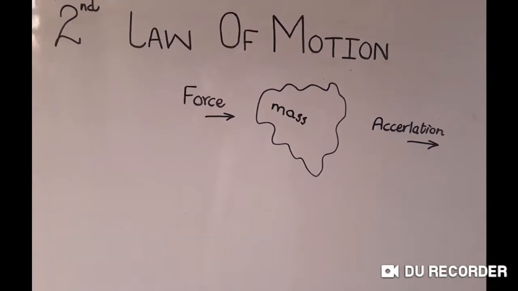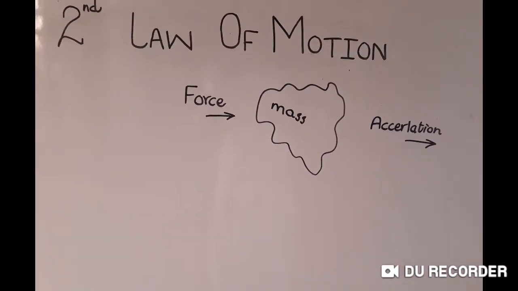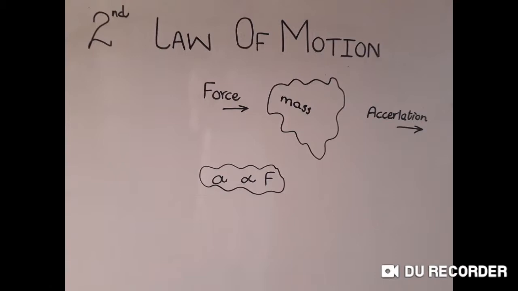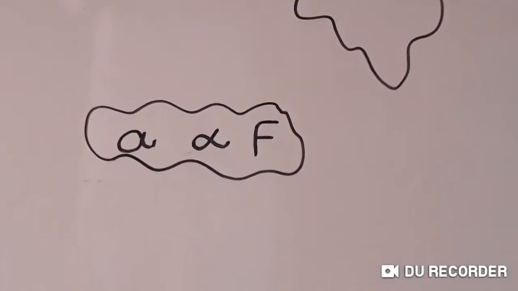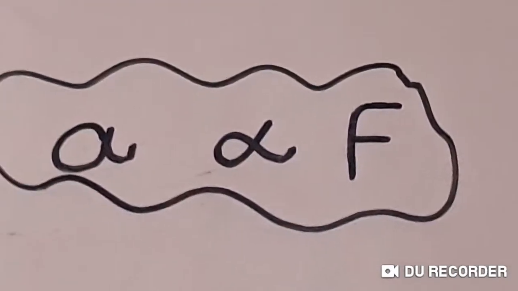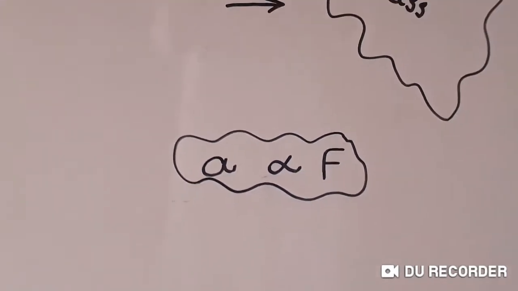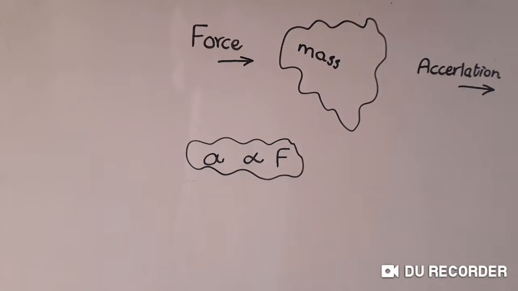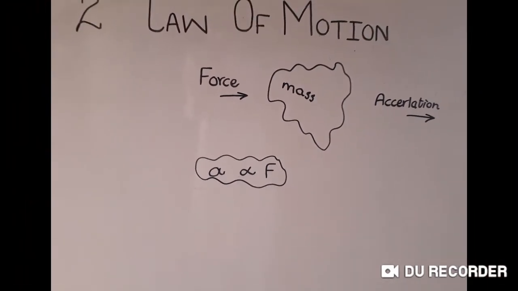So whenever a net force acts on a body, it produces acceleration in the direction of the net force, such that this acceleration is directly proportional to the force acting on the body. Means the acceleration produced in a body by the force is directly proportional to the force which is acting on the body.